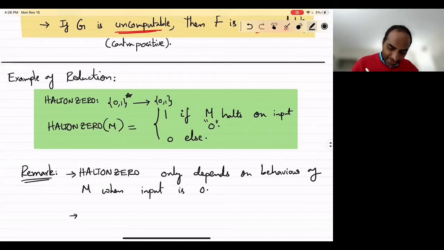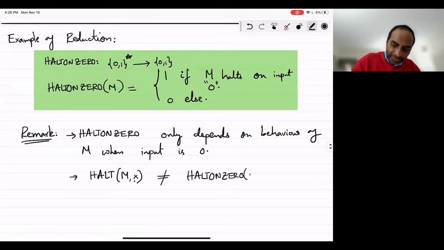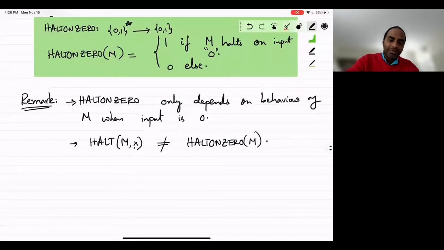And as was asked in class, for halt of M comma X, I cannot just ignore the input X and run halt on 0 on M. Such an equality need not be true, because maybe the machine M halts on the input 0, but it doesn't halt on the specific input X. So they can genuinely be different functions. The inputs are different, but you can't just encode one into the other like that.